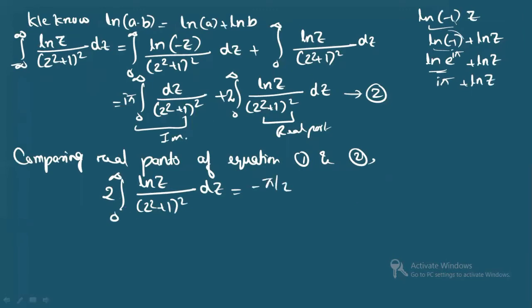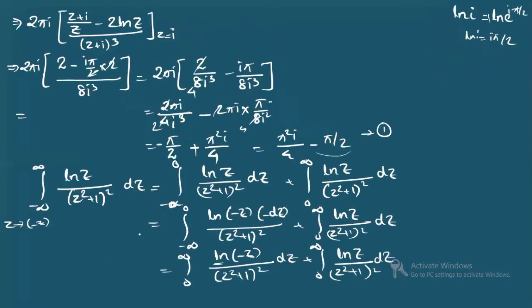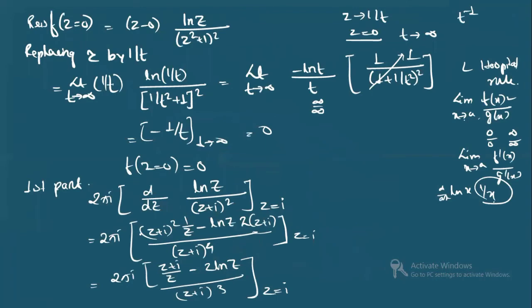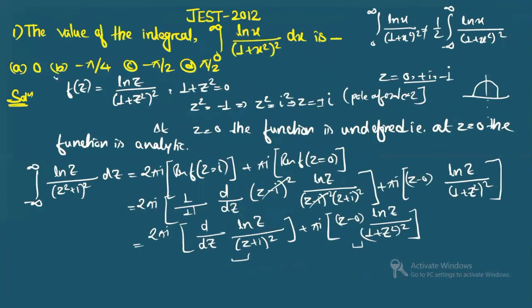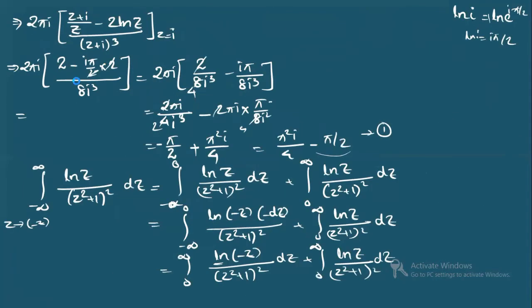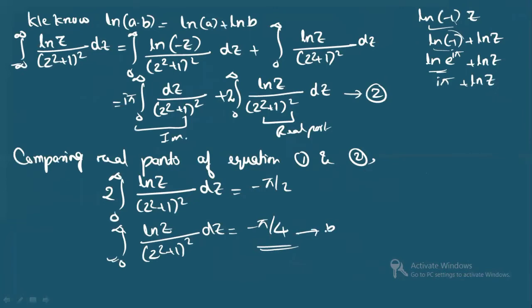We need the value of the integral from 0 to infinity of ln(z squared plus 1) over (z squared plus 1) whole squared dz. It is equal to what? These two will come to the right hand side, so it will be minus pi by 4. All right, so you get the value of your integral, that is minus pi by 4. So the correct answer is what? Option B. All right, so this is option B.